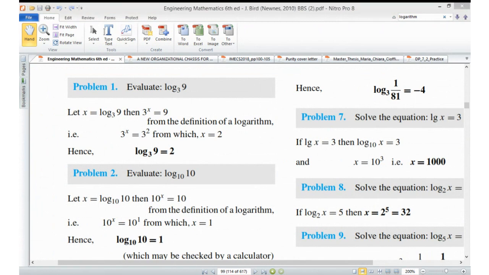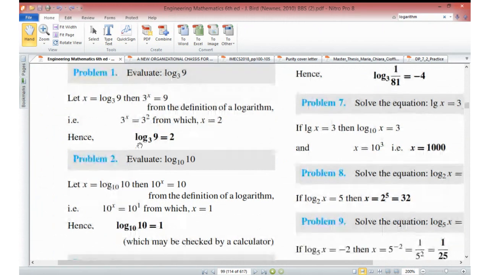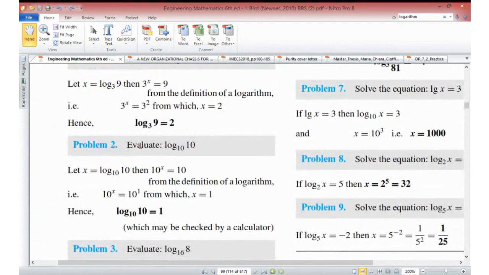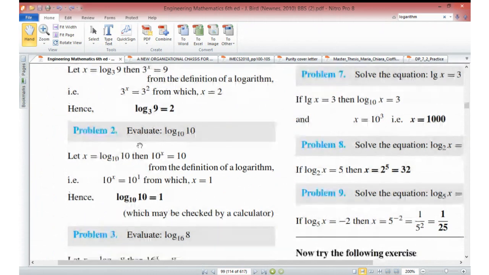Then you can raise the two into the same base and equate the powers. So you just cancel the bases, and then x is equal to 2. That is just the relationship between the two. The same happens with log 10 base 10.